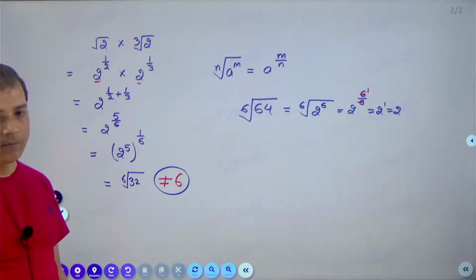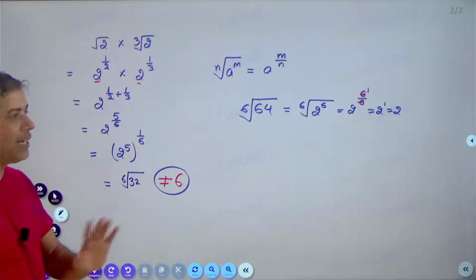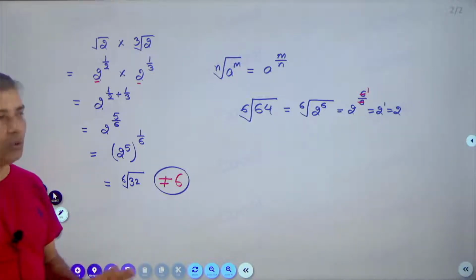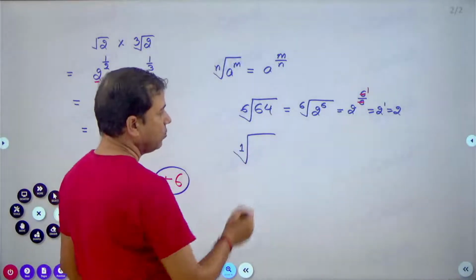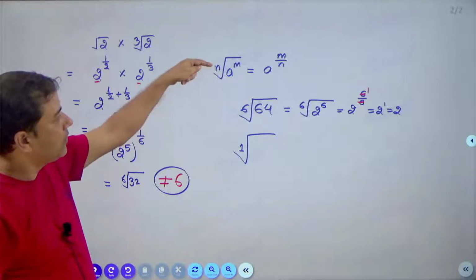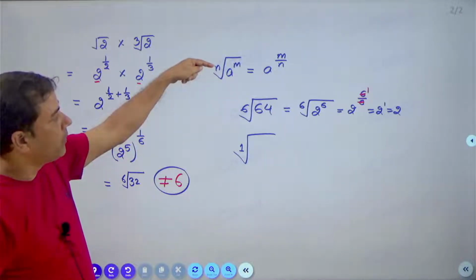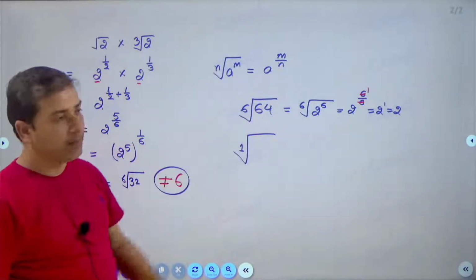You told me that 2 is hidden there. He taught us that 1 is hidden. No, 2 remains hidden by default. 1 never remains hidden. 1 has no meaning there. According to this rule, suppose this is 1, what is the meaning? You would write 1 here in the denominator. That has no meaning.